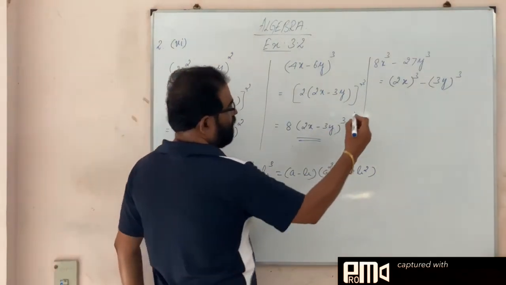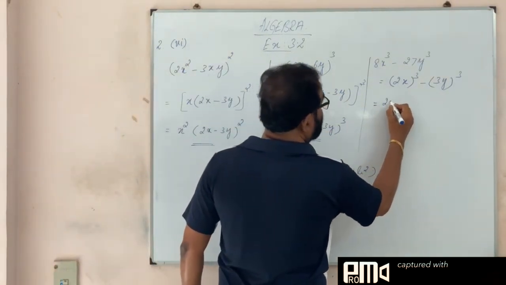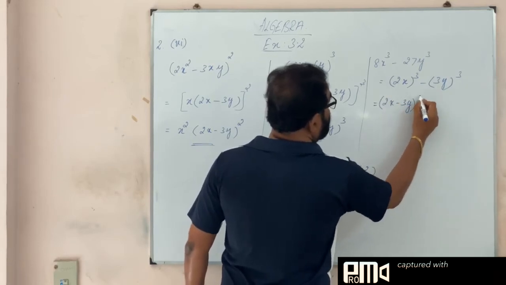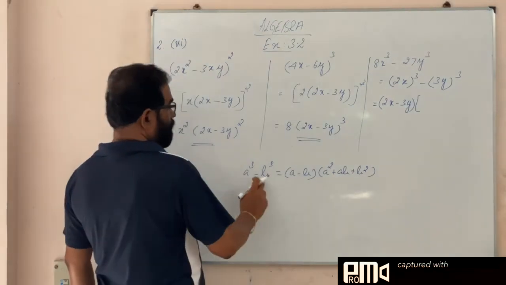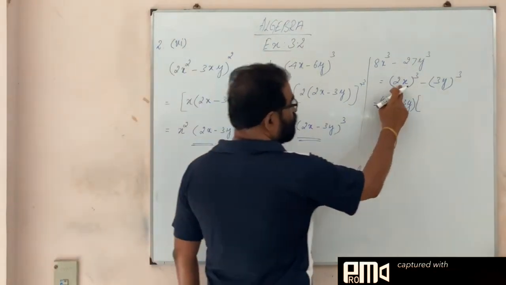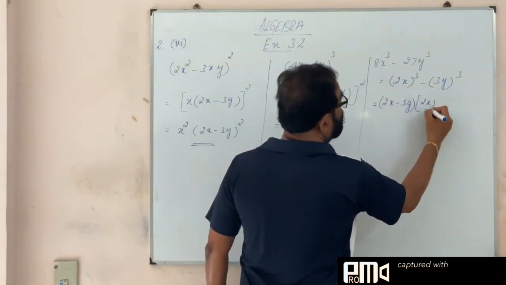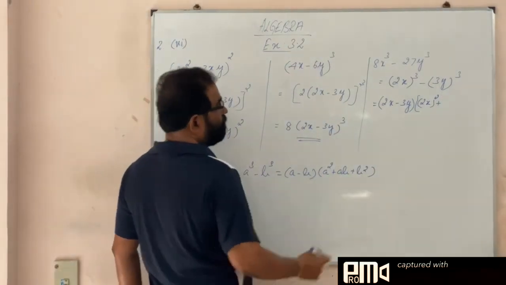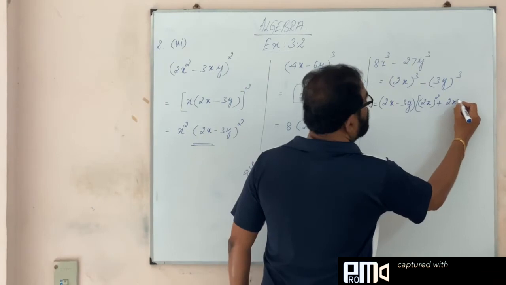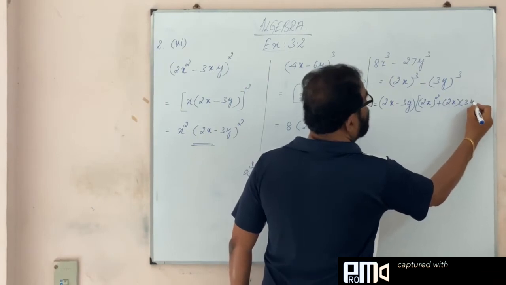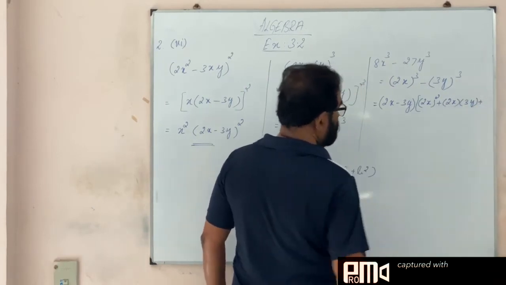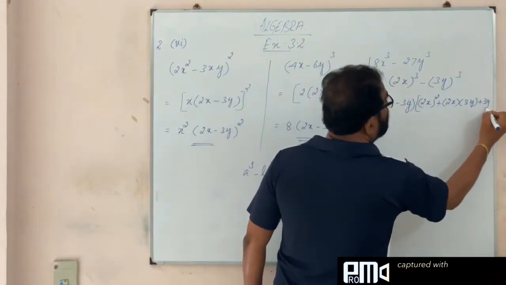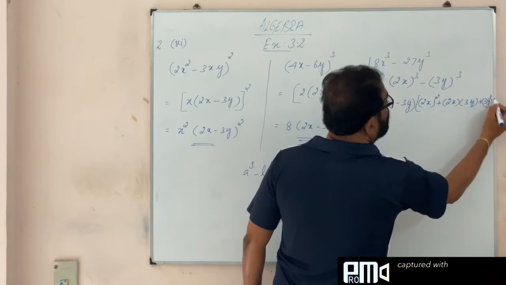So this will be a minus b into a square plus ab plus b square. A is 2x, so 2x the whole square, plus ab, 2x into 3y, plus b square, b is 3y, so 3y the whole square.